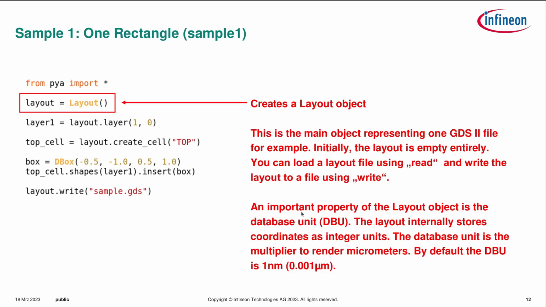And an important property of the layout object is the database unit, which is needed because GDS stores geometry as integer coordinates. So this means the coordinates are stored as integer multiples of the database unit. And by default, the database unit is a single nanometer, which means that you can only create geometries in increments of nanometers. But you can also set the database unit to a lower value.